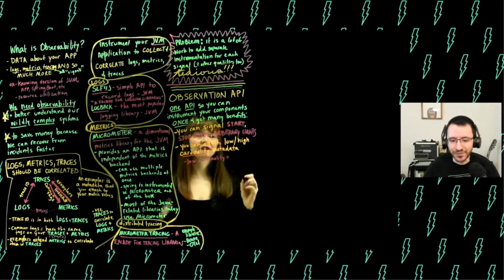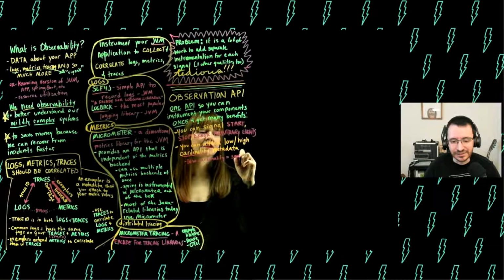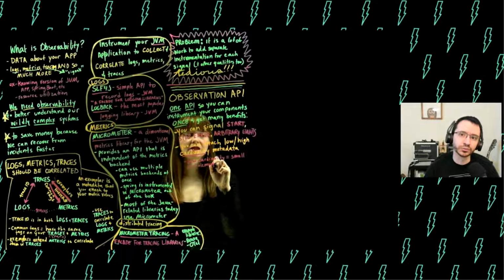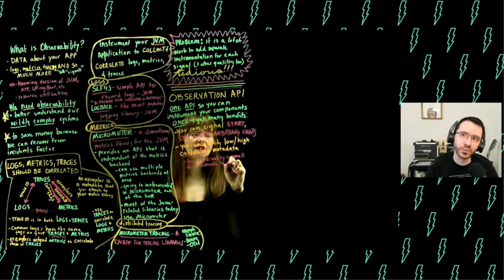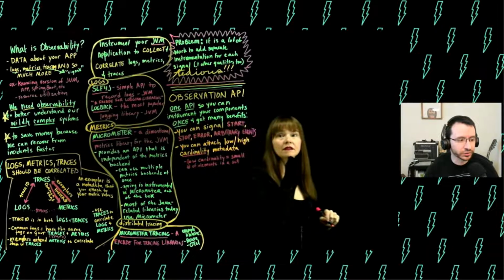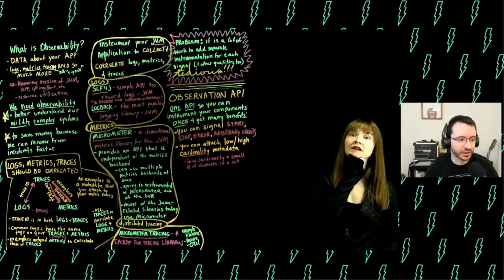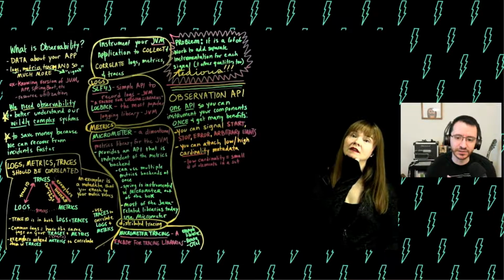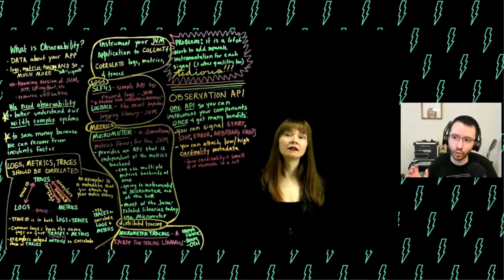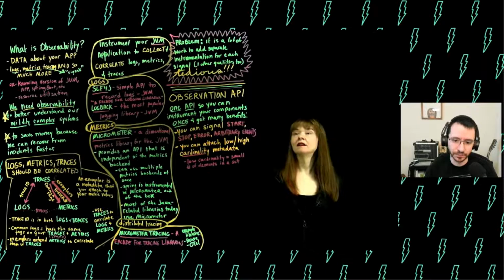So the problem that you need to solve with cardinality is, let me give you an example. Let's say you want to record metrics, and you want to aggregate how many times somebody called your application on HTTP.